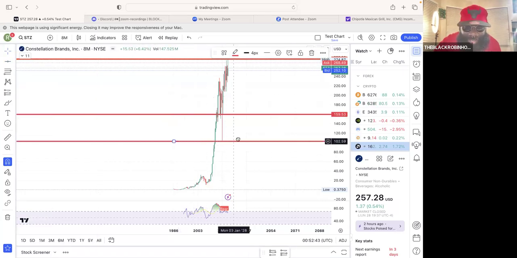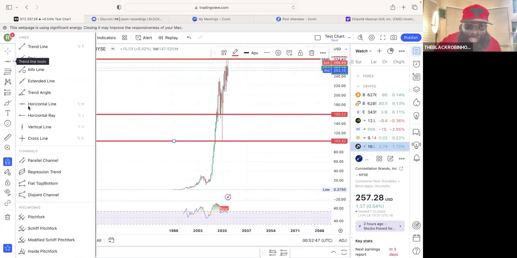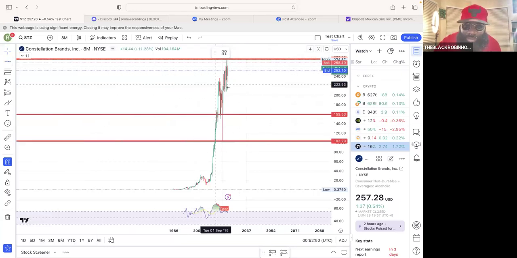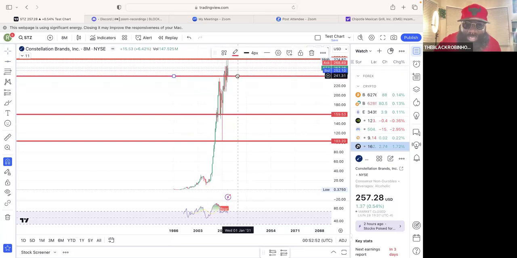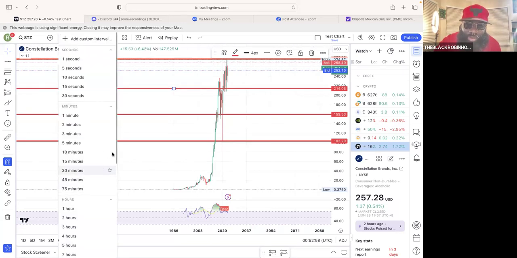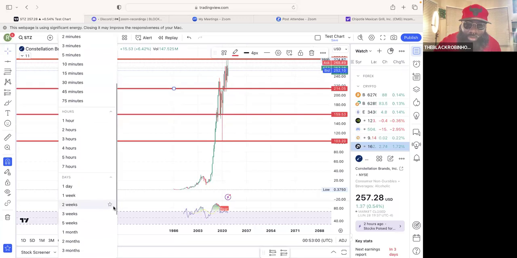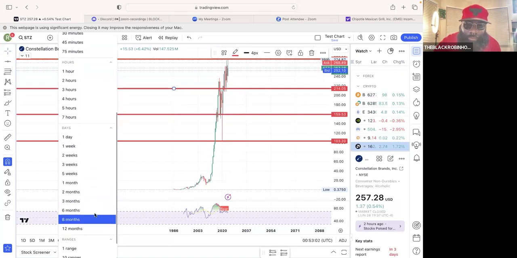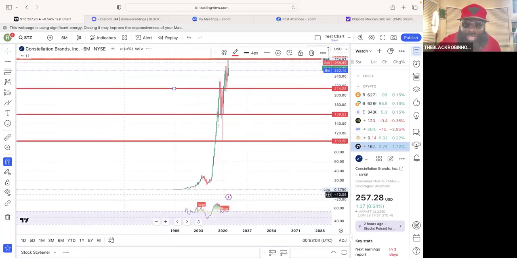Start from a higher time frame and then draw your lines or your levels based on where price has pivoted, right? So this is an 8-month chart. I'll go down to 6 months, right? It doesn't change much.